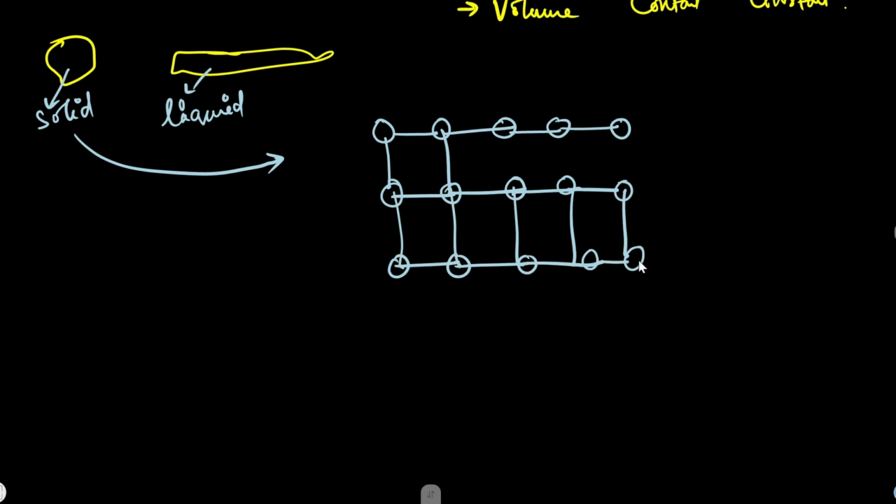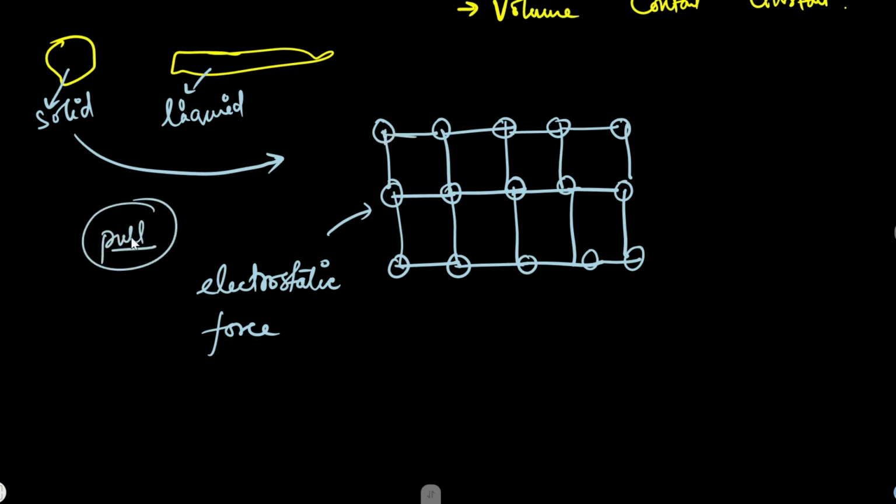All the particles are connected with a force which, when you read in higher classes, is called the electrostatic force. What do we mean by force? Force is a pull or a push. Here, it will be a kind of pull that is being generated.